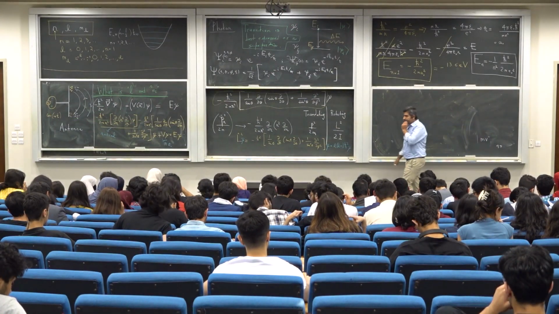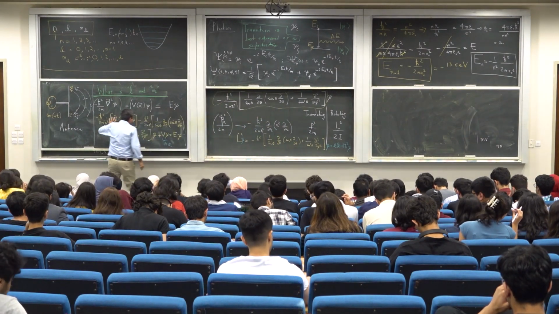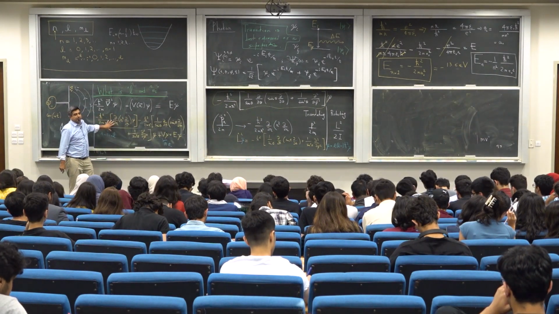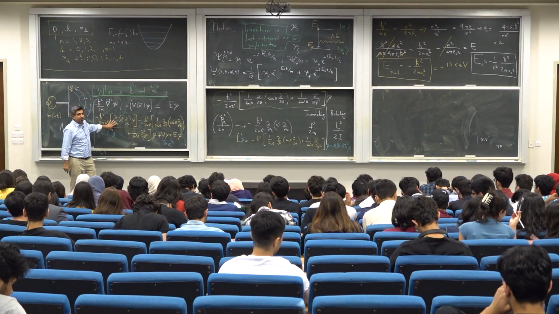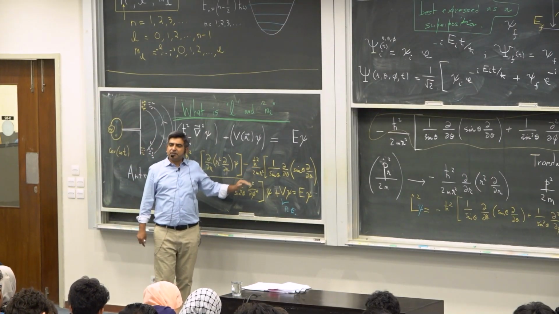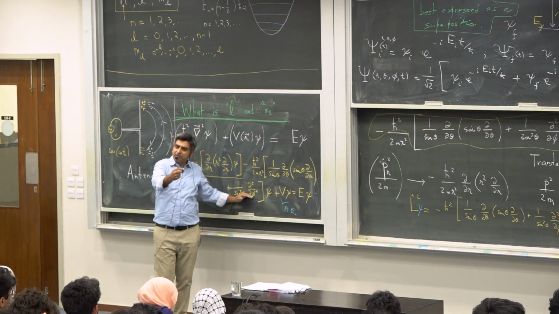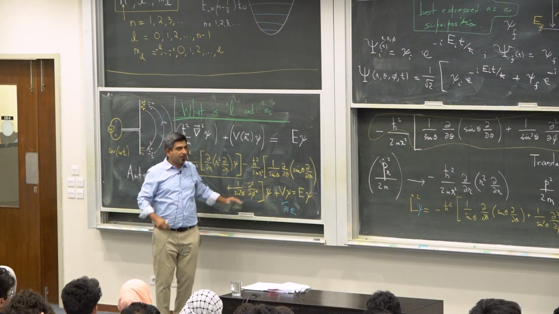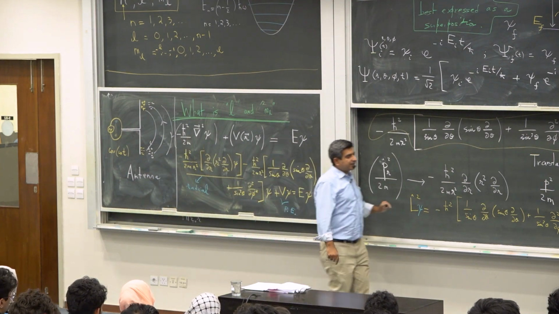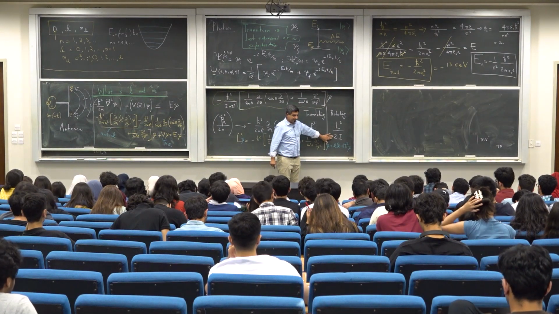So what have I done? Let me recap. The first term represents the radial kinetic energy. The second and third terms therefore must represent the rotational kinetic energy. The rotational kinetic energy has this form, L square over 2I.